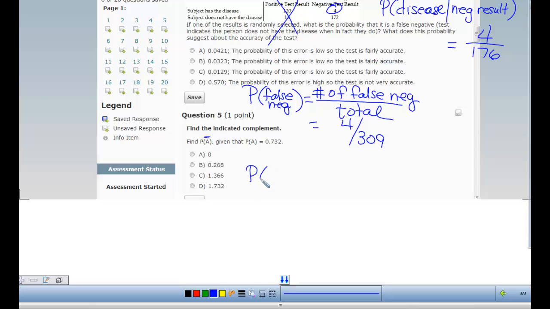Probability of A complement equals 1 minus the probability of A, 0.732, which gives us what? Is it 7 or 6? I don't know. 0.268 is a choice, yeah. 0.268. Okay, questions about that?